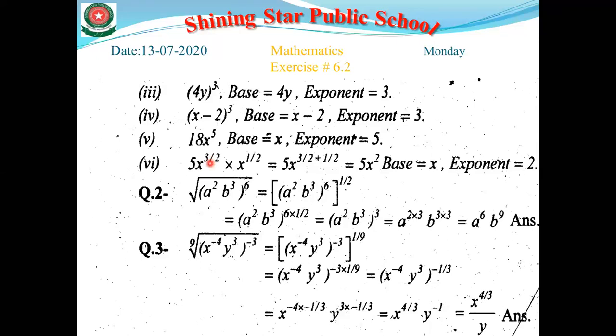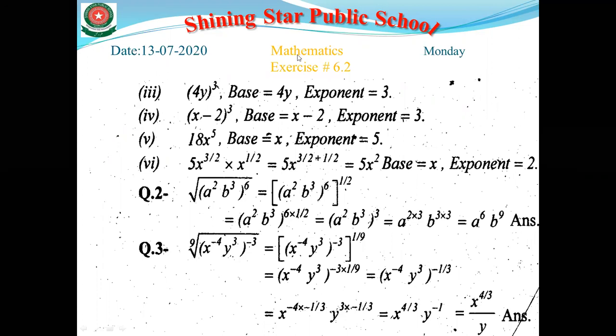Let's suppose we have 2 multiply 2. Bases are the same, 2 and 2, and one 2's power is 1 and the other 2's power is 1. So when we multiply, it becomes 2 power 2. देखिए मैं आपको यहाँ पे दिखा देता हूँ. Let's suppose 2 multiply 2 equals 2 power 2, because the base is the same, powers 1 and 1 add to 2, so it becomes 2 power 2.